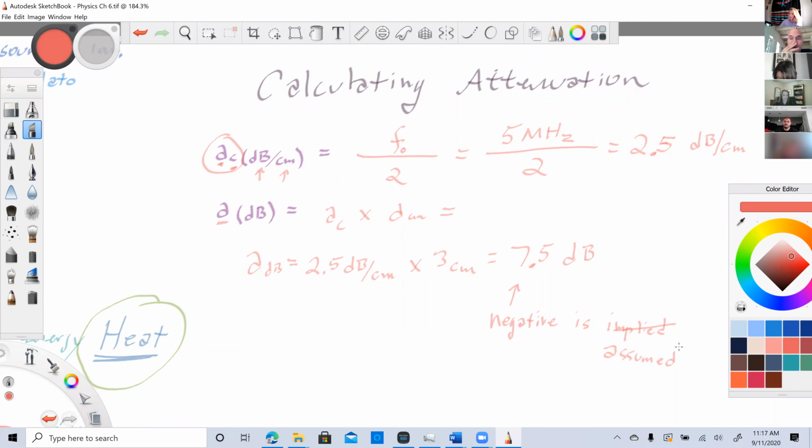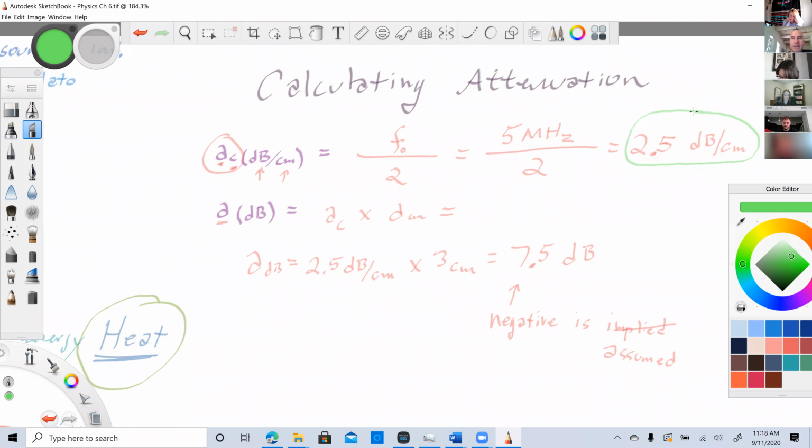Okay, well actually, so think about this. In 3 centimeters, we have 7.5 decibels of attenuation. Actually, we don't even have to look at that. Let's look back at our original, 2.5 decibels per centimeter. Well, what did we say? We said 3 decibels of attenuation, so it's negative 3 decibels, is half.